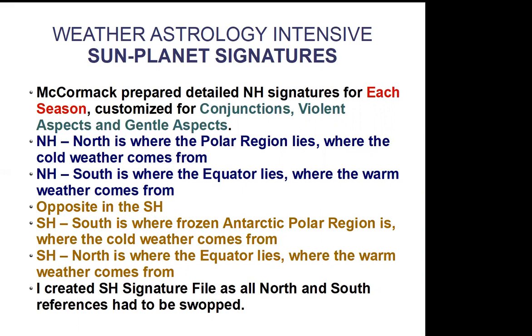So if weather comes from the north in the Northern Hemisphere, as I'm sure MJ will confirm, it's going to be pretty darn cold. If it comes from the south in the Northern Hemisphere, it's warmer weather coming from the equatorial part of the globe, and therefore it warms things up.